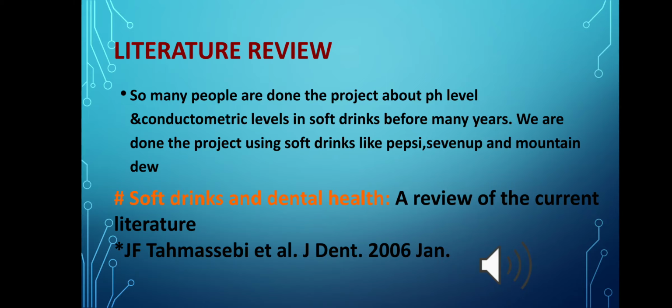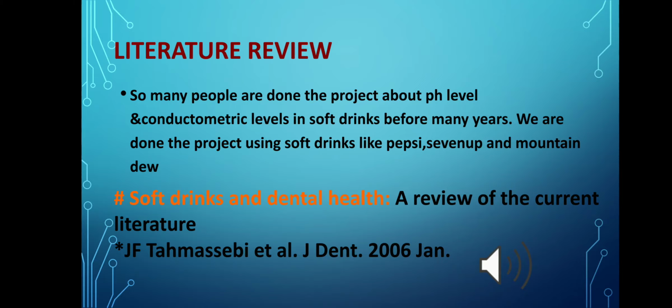Nowadays, the most available drinks are Pepsi, 7-Up and Mountain Dew, and many others, but mostly we use Pepsi, 7-Up and Mountain Dew. Pepsi is one of the most well-known brands all over the world. Pepsi drinks are available in 200 countries.